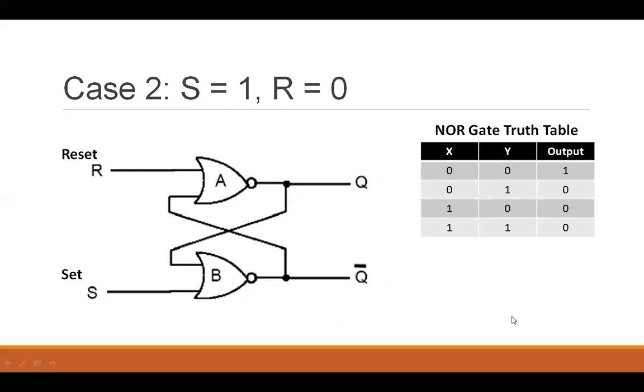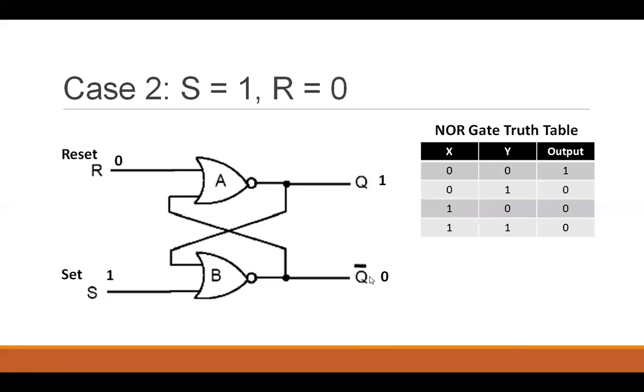The next case, let's assume the S is 1 and R is 0. Again, I cannot start from the 0 side because then I will have ambiguous cases. But I can start from the 1 side. I don't know what input is here at the B, but without knowing the other input, I can still say that if B has one input as 1, the result is always going to be 0.